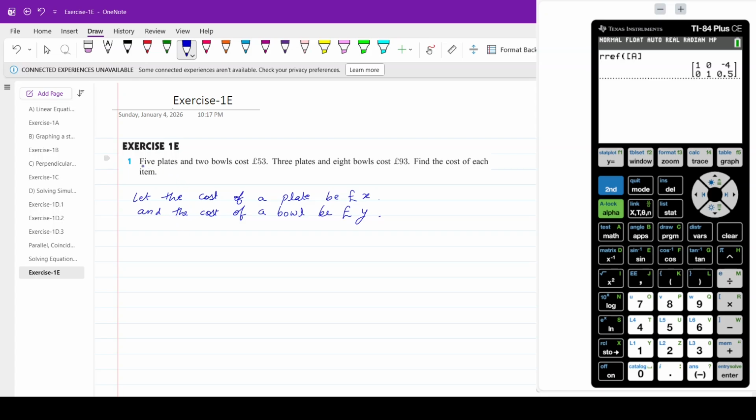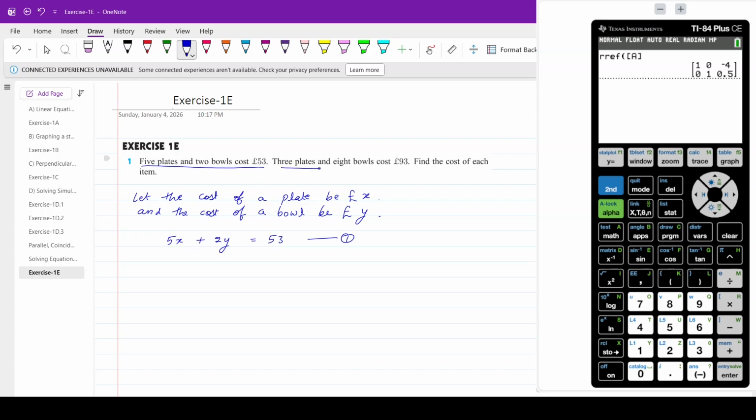Then from this sentence, we can say 5 plates, that will be 5x, plus 2 bowls, that will be 2y, is equal to 53. This is our equation 1.